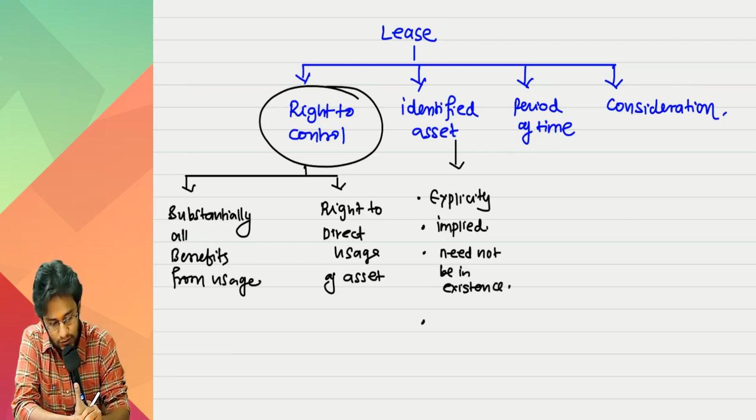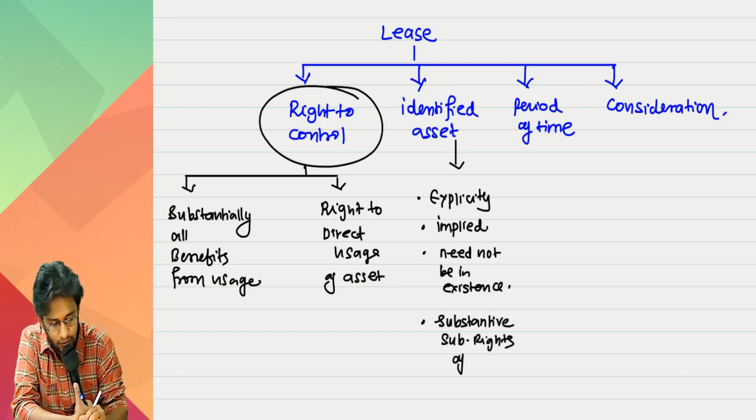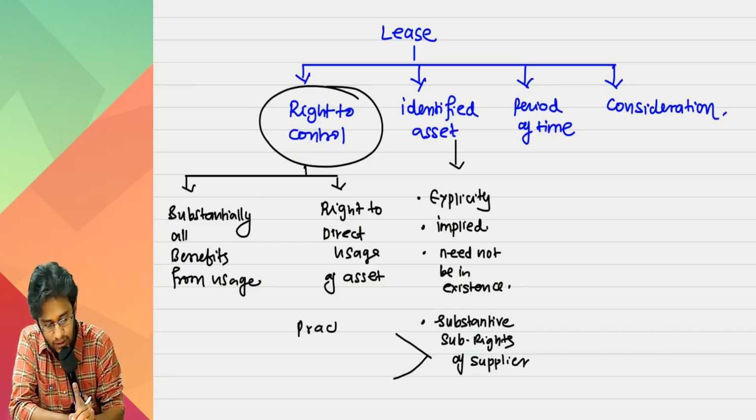Then we have also seen substitution rights of the supplier. When will you have substantive substitution rights? When two conditions are satisfied: that fellow has the practical ability to substitute the asset, and he is going to enjoy some economic benefit because of such substitution.